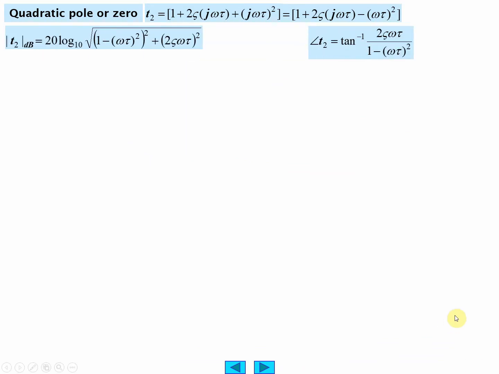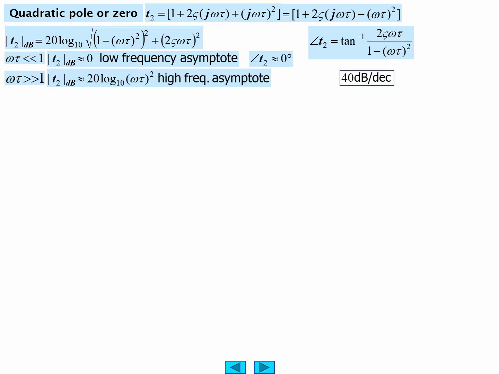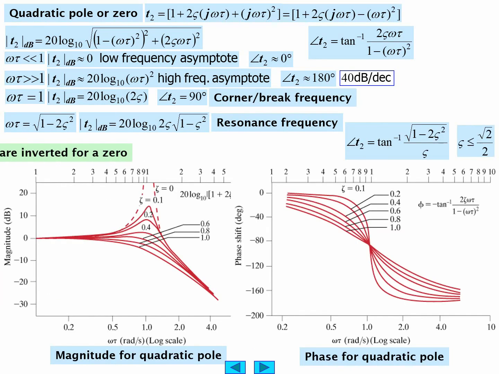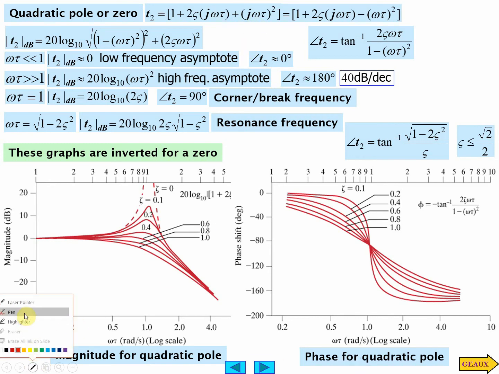So we have the formula of the equation, where we have resonance when we have the j omega squared. When we have this kind of thing going on, the transfer function has this square term.